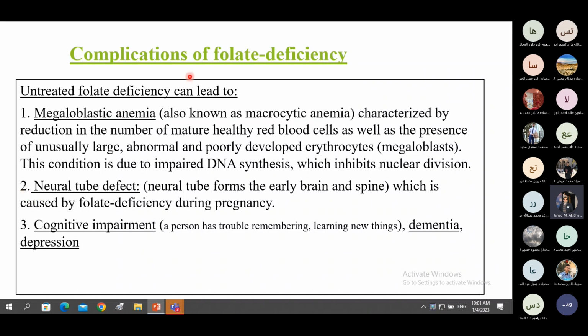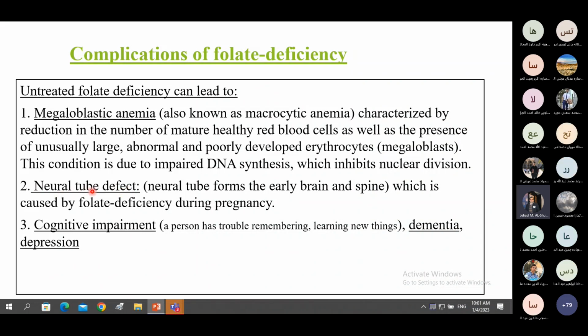The second complication of folate deficiency is neural tube defect. The neural tube in the fetus, في الجنين في رحم الأم في بدايته, is the one that forms the brain and spine. So the neural tube in the fetus will develop to form the brain and the spine, and neural tube defect is caused by deficiency in the folate during pregnancy.